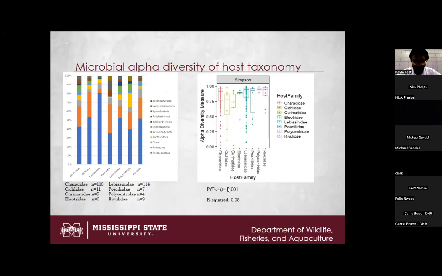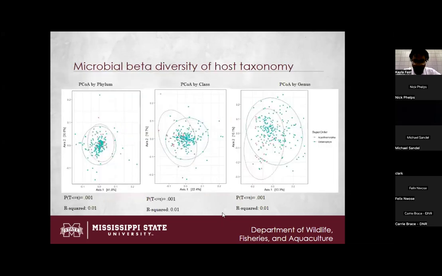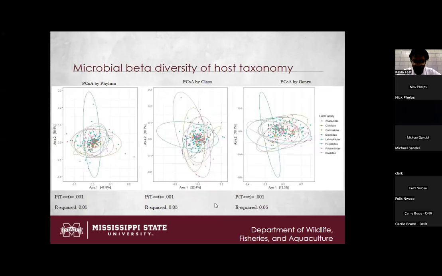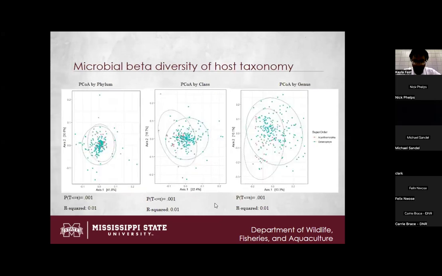And here we can go on to beta diversity. Looking at the beta diversity of the higher fish taxonomic level, the superorders, we see that there are significant differences in the community composition between bacteria and all of these different fish superorders here, regardless of what level of bacterial taxonomic level you compare with.